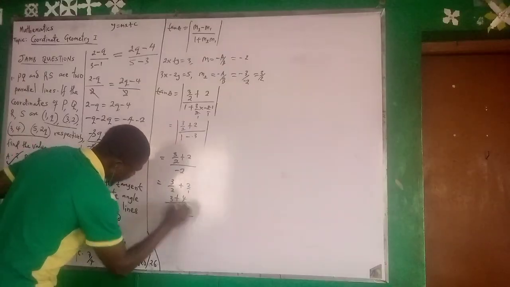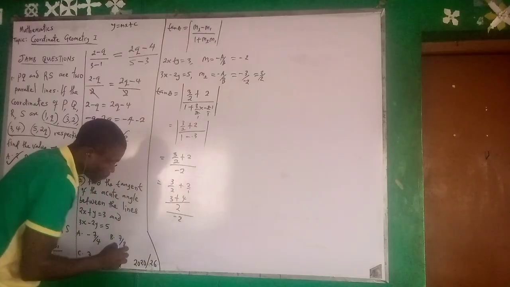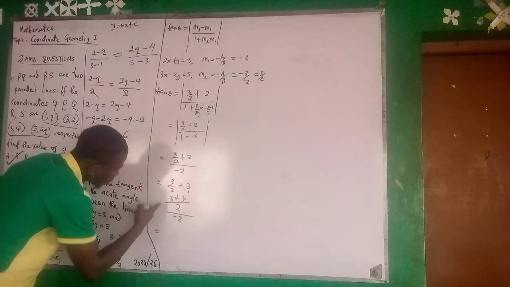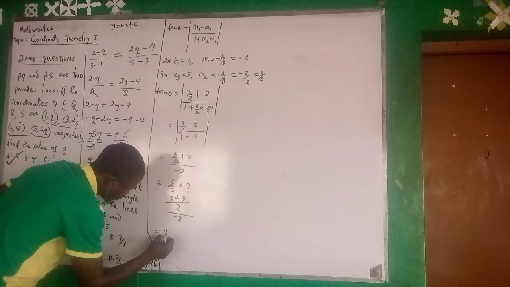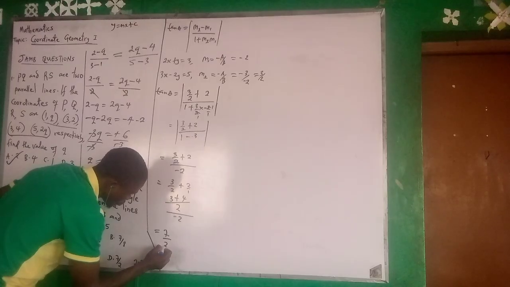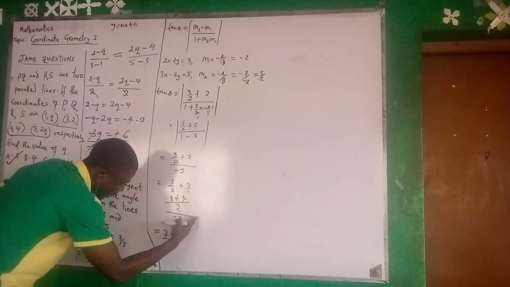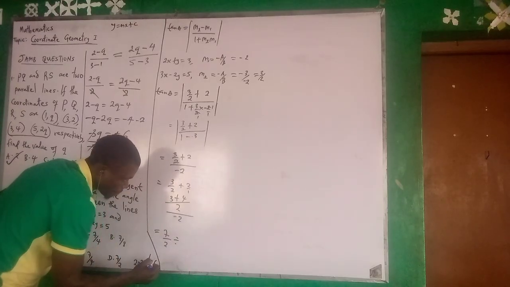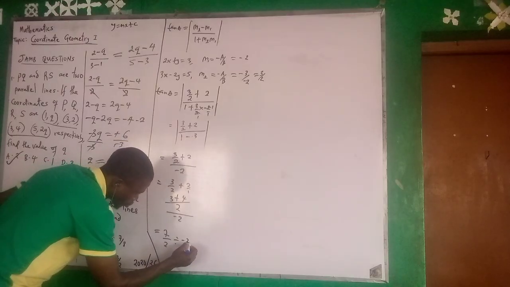Then divide them by minus 2, right? And that will give me 3 plus 4 is 7 over 2, divided by minus 2 over 1.